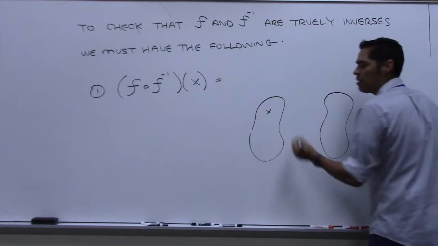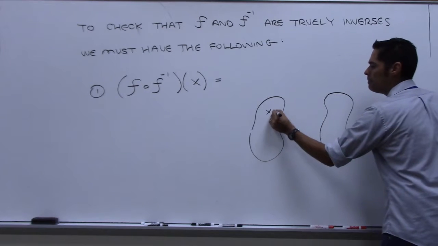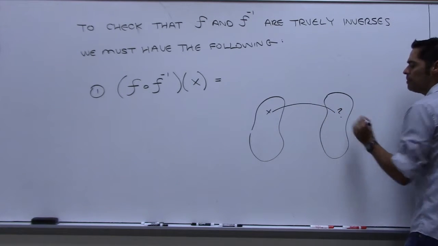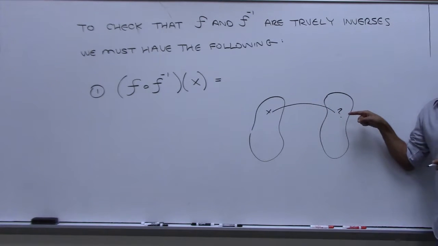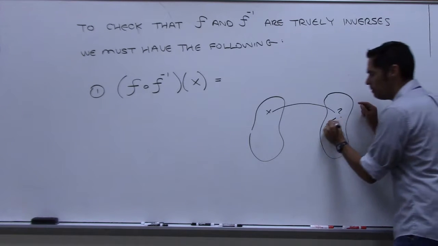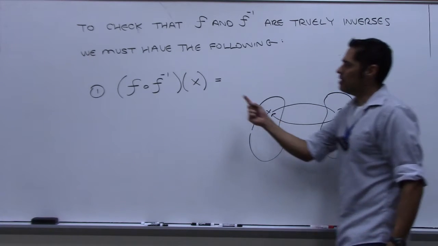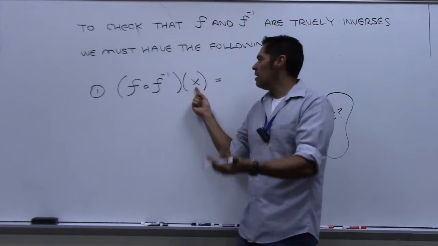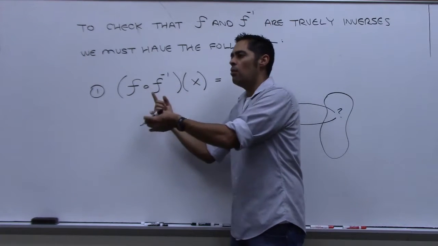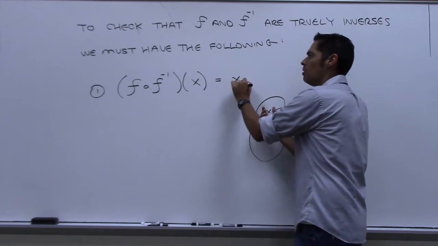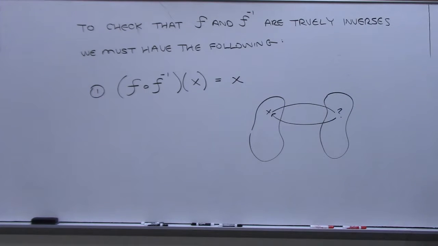Here's x, I plug it in, it comes out to be something. The inverse is going to take it back to x. So if you take something, doesn't matter what it is, you plug it in and then plug it into the other one, at the end of the day it comes out totally unchanged.